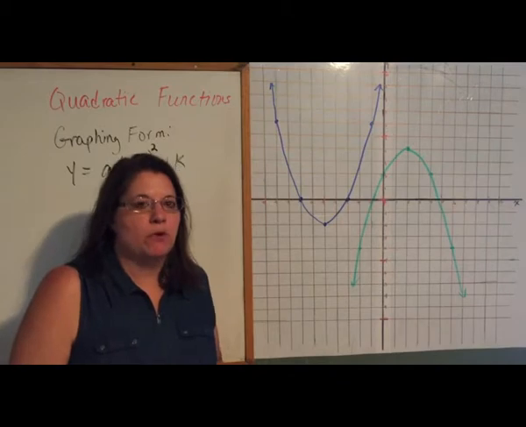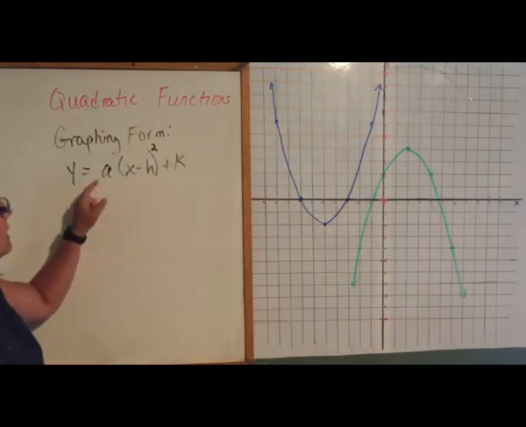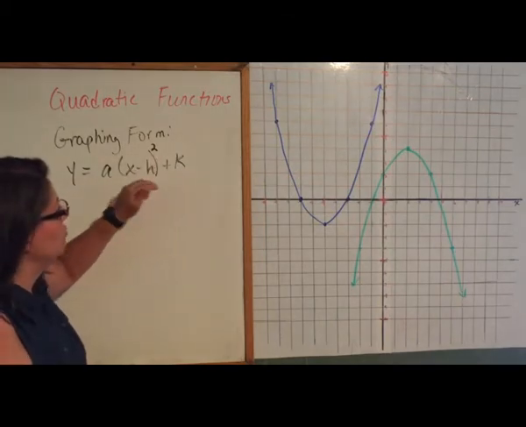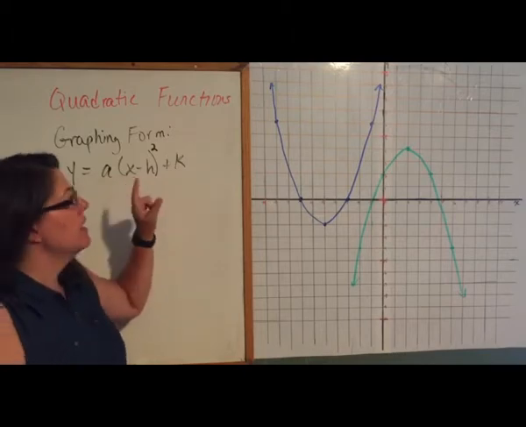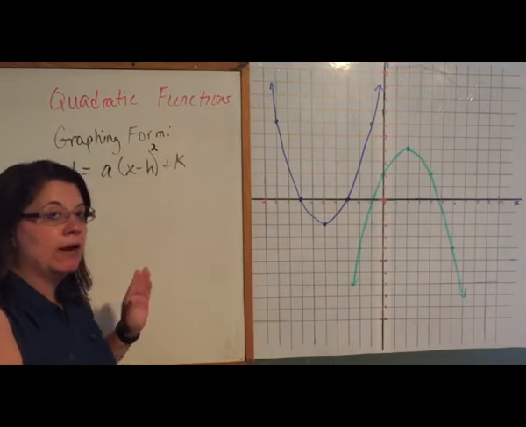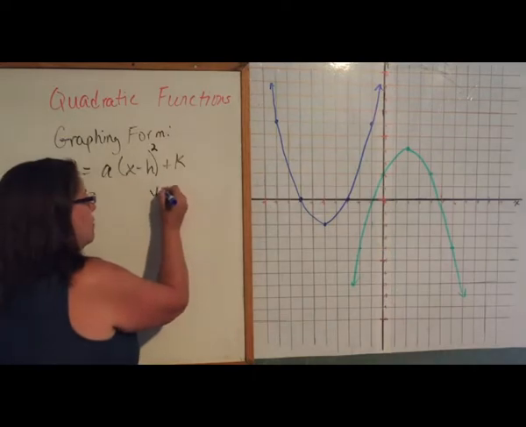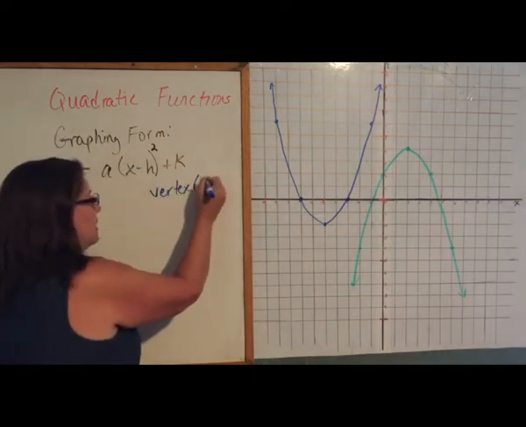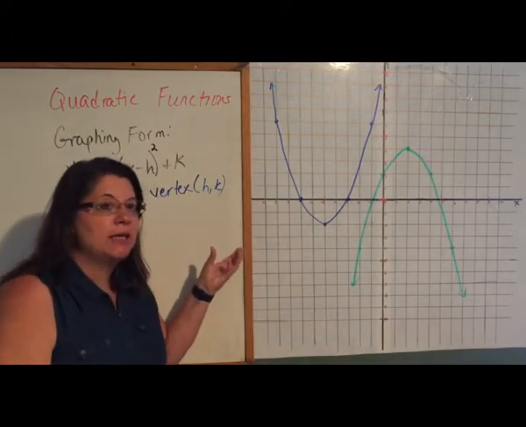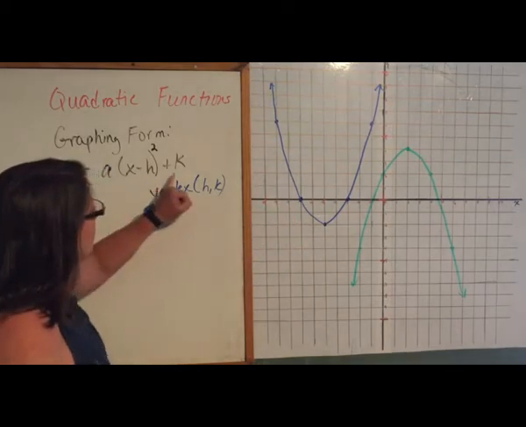So as we stated before, the graphing form of a quadratic equation is y equals a times x minus h squared plus k. Make sure your x minus h is in parentheses. And remember, the vertex of this function is the ordered pair hk, okay? So if we know the vertex is hk, then we could pull that vertex from any quadratic graph that we have and know what to plug in for h and k.